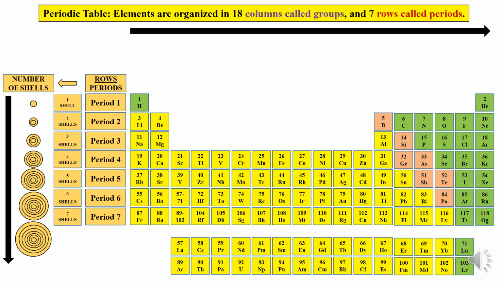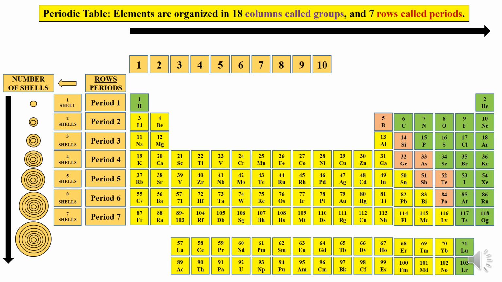Now across a period, as you go from left to right of the periodic table, you will find the 18 groups, and as per the IUPAC system, the groups are numbered using English numerals.